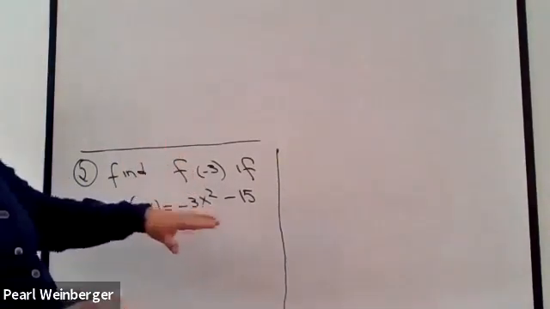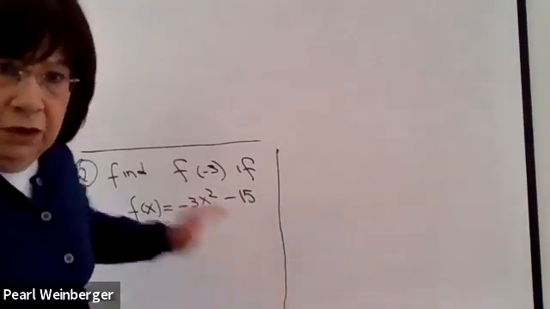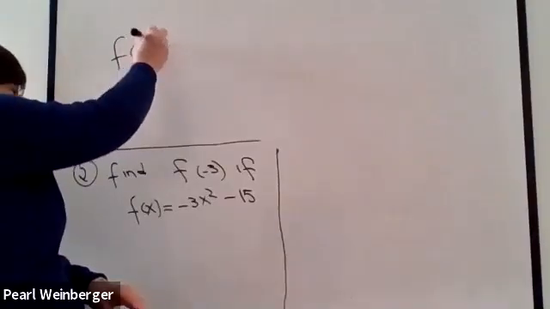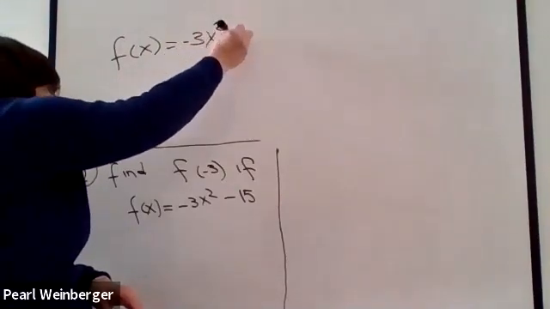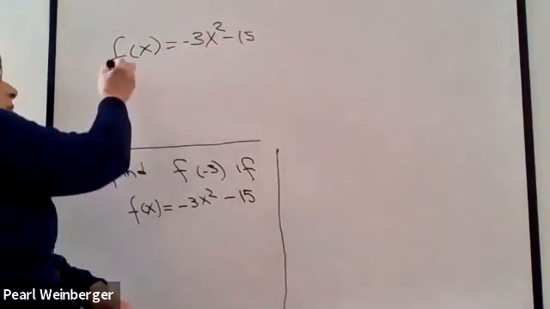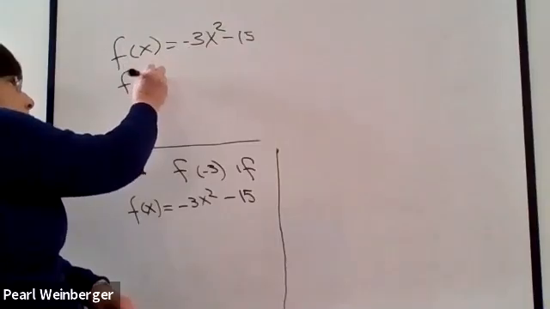Okay, Jennifer, right? You were going to do this one? Yeah. Okay, so here's my f of x. It's -3x squared minus 15. What should I do to find f of -3? You have to plug in -3.